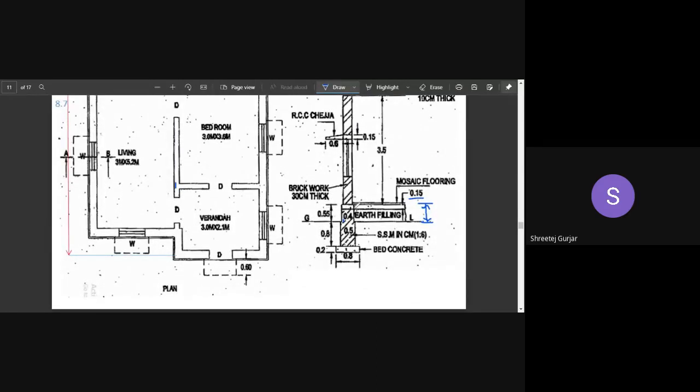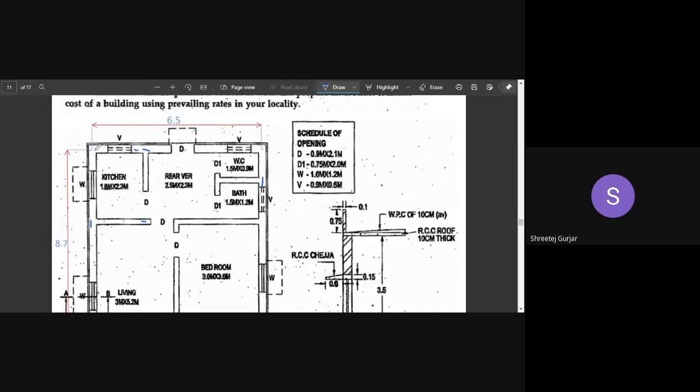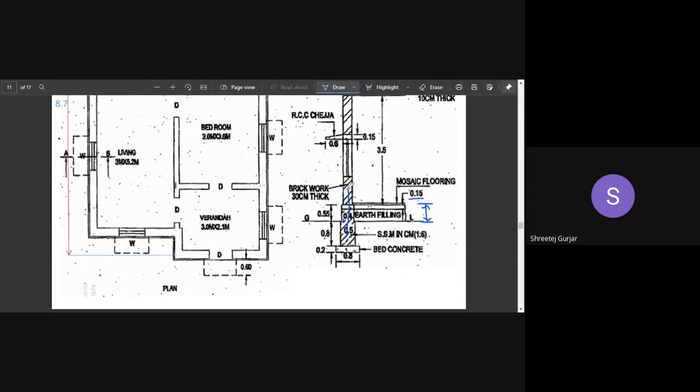Because you can see the thickness over here, the earth filling we have to do, and we have a center line or a center to center length calculated from here, right? So this is our center to center length which we calculate for each of the rooms, right? So it is from the center. So what I have to do is reduce half of this 0.4 by 2, right?